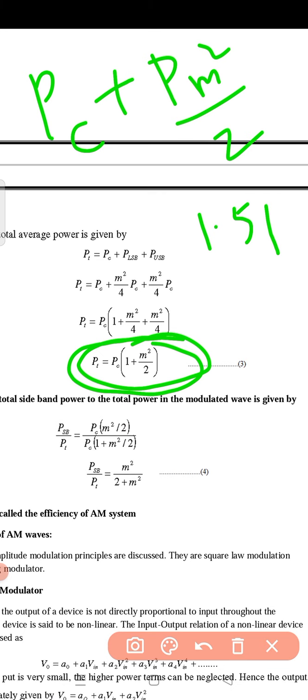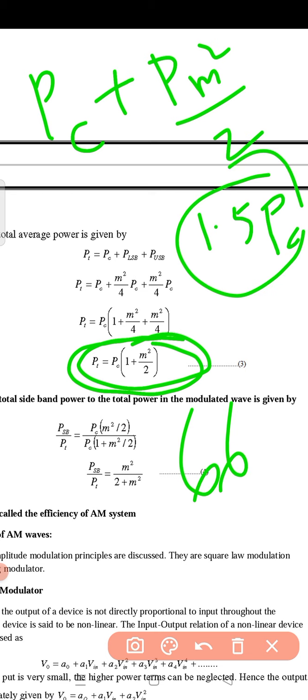In the total power, 1.5 PC means approximately 66% of the total power is carrier, and nearly 30% of the power is utilized for actual transmission of the information. But the 66% power is wasted in the case of the amplitude modulation wave.